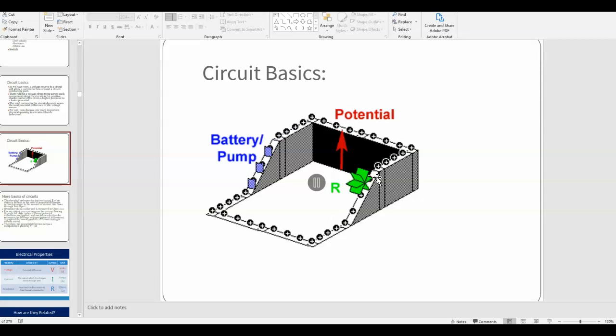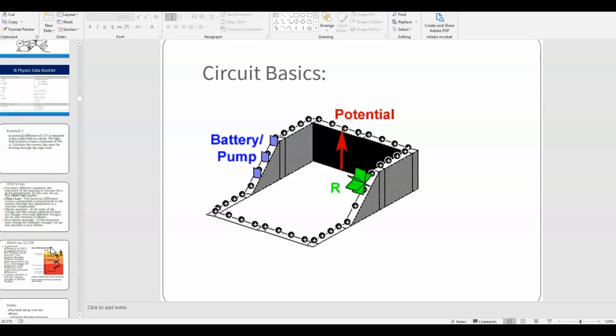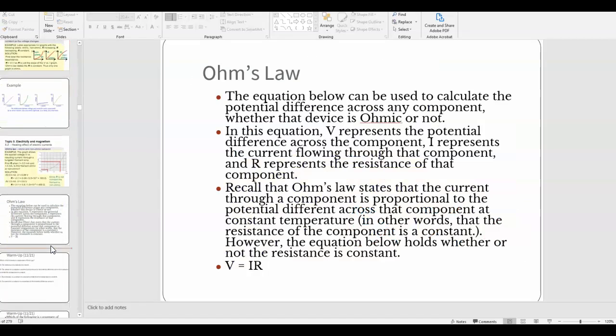And so that's what we refer to as a potential drop or a voltage drop. There's literally a drop in voltage from one end of the load to the other end of the load. Okay, and so to calculate the value of that voltage drop is very simple. Okay, all you have to do is use the equation V equals I times R.